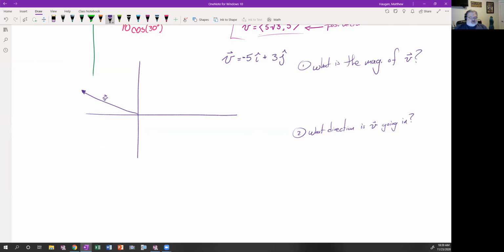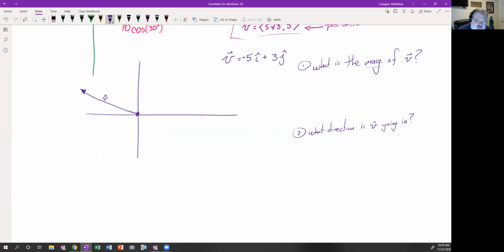So we should be able to answer both of those questions. Now, again, the magnitude of v is supposed to be proportional to its length. So magnitude is just a fancy way of asking, how long is that thing? Fair?